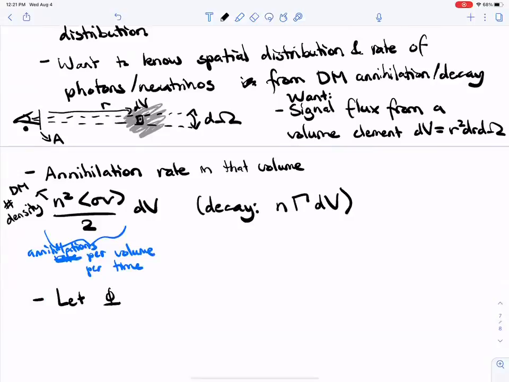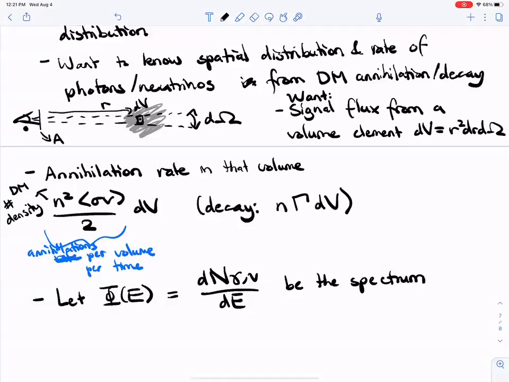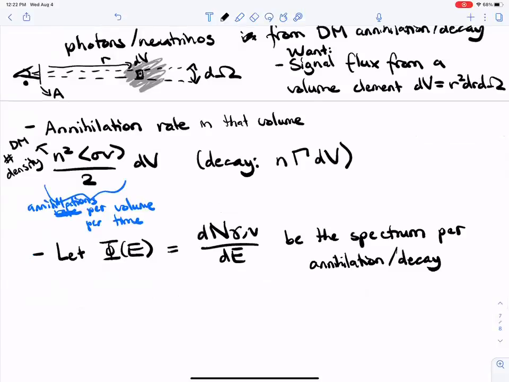So let phi be the spectrum of photons or neutrinos produced, in terms of number of particles per differential element in E. So this is the spectrum per annihilation or decay. This is like the step one injected result.